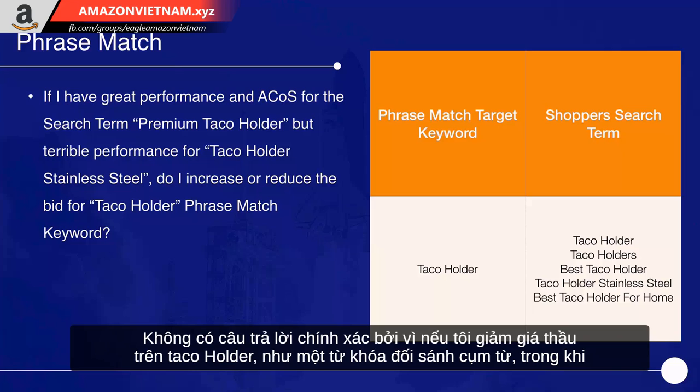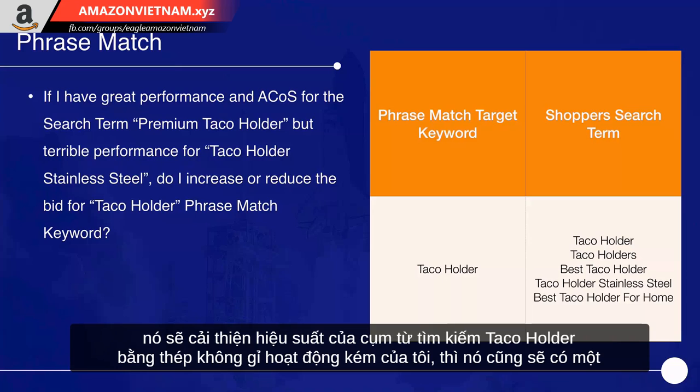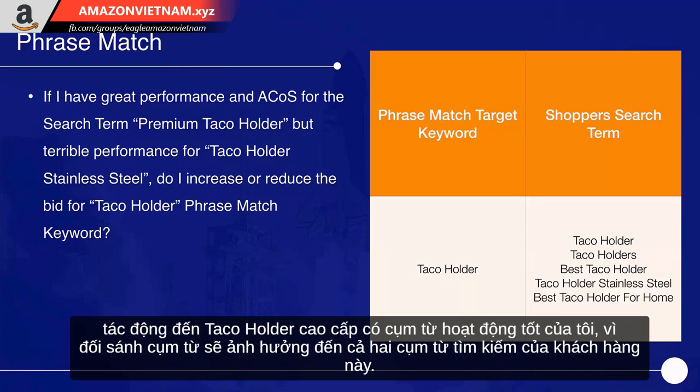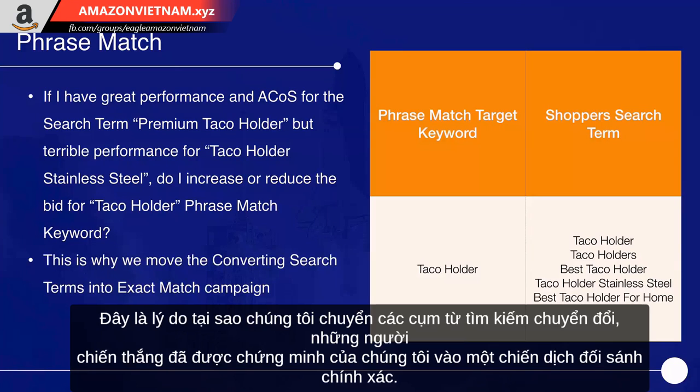There is no correct answer, because if I was to reduce the bid on taco holder as a phrase match keyword, whilst it would improve the performance of my poorly performing taco holder stainless steel search term, it would also have a negative impact on my great performing term premium taco holder, as phrase match would affect both of these customer search terms. This is why we move the converting search terms, our proven winners, into an Exact Match campaign.